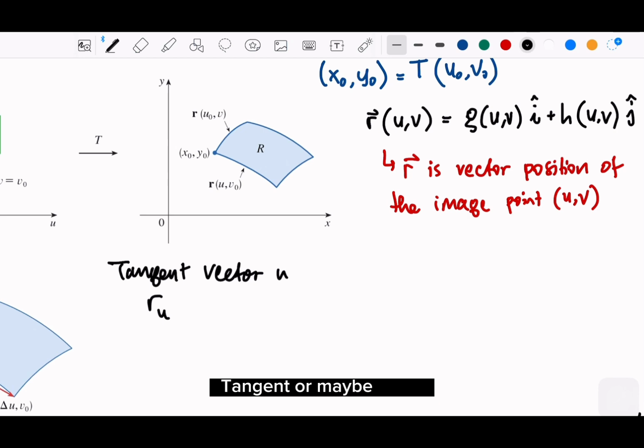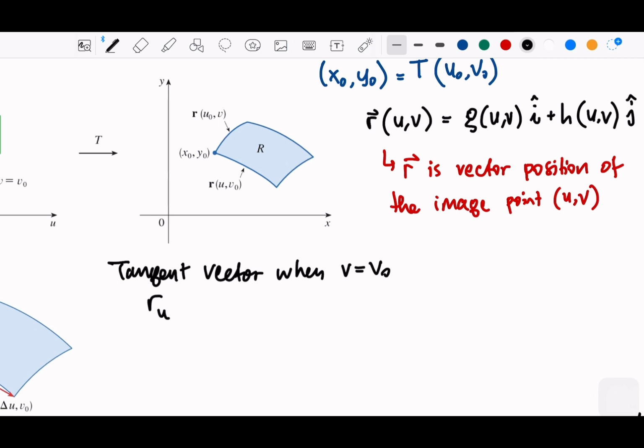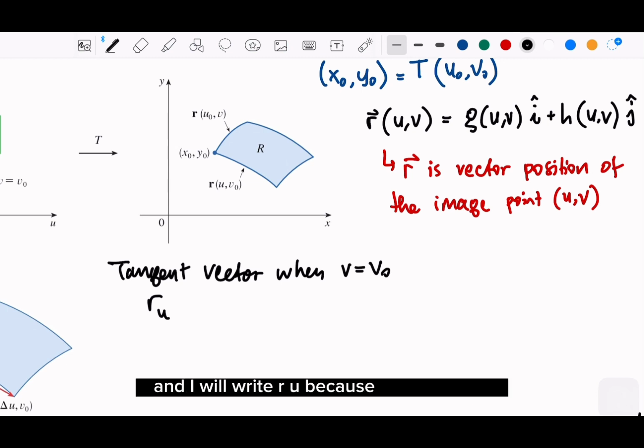Let me write here to give you clear. When v is constant, v0, we are going to partially differentiate, and I will write r_u because u is changing.